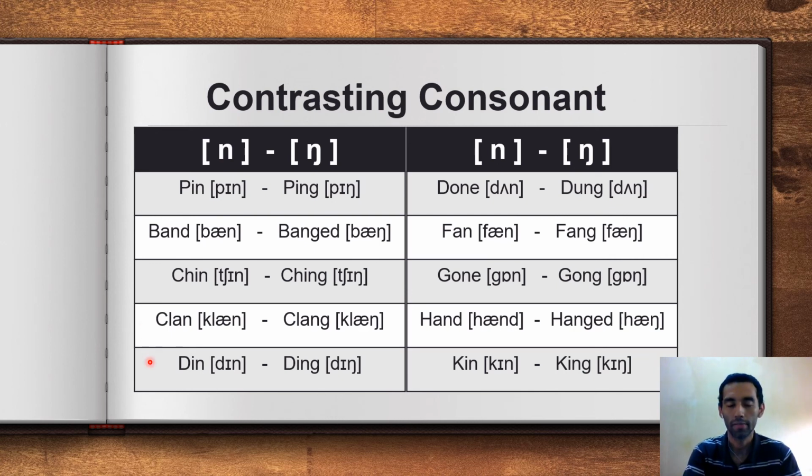I know that it is very similar, but if you practice, you are going to know and listen to the difference between those sounds. Let's continue. We have dong, dong, fang, fang, gong, gong, hand, hang, and king, king.